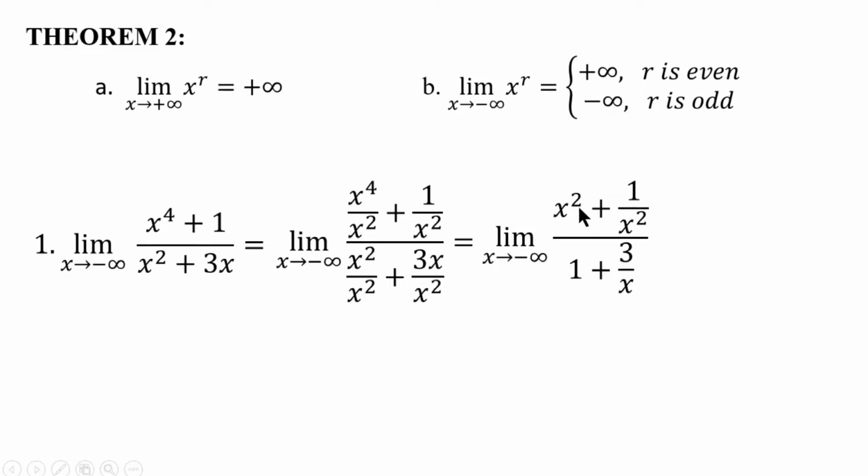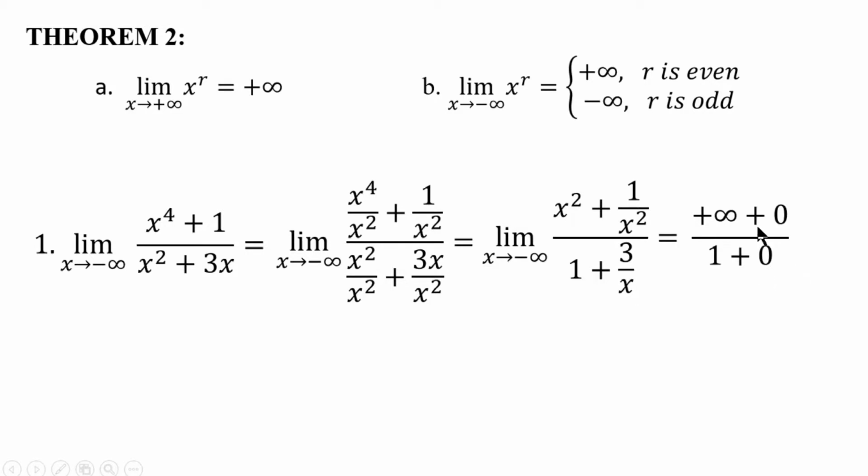Since r is 2, which is an even number, the limit of this term is equal to positive infinity, plus the limit of 1 over x squared is 0, using the previous theorem, over the limit of 1 is 1, the limit of a constant, plus the limit of 3 over x is 0.